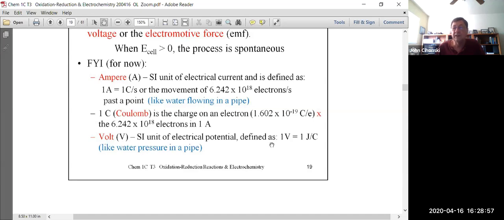And then a volt. That is defined as 1 volt is equal to 1 joule of energy per coulomb. So that would be the same thing as saying 1 joule of energy over 6.2 times 10 to the 18th electrons.